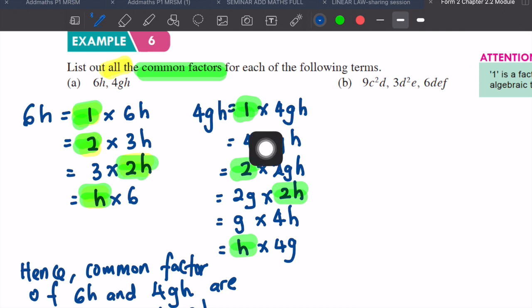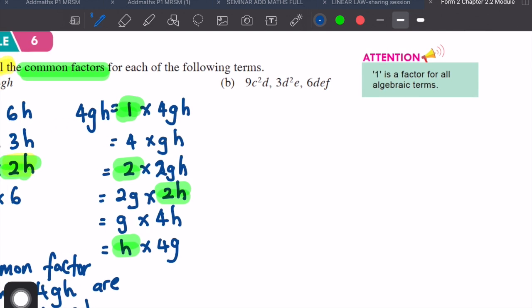For the first one we had 6h, so you list down all its factors. To find the factors, we know 1 is a factor for all algebraic terms. Then look at what numbers, when multiplied, make 6h: 2 times 3h, 3 times 2h, h times 6. Then you do the same for 4gh. Once we have all of them, we compare which are the same. That is the answer.